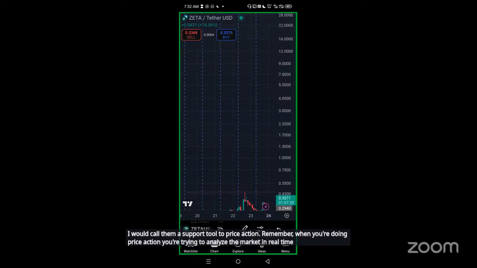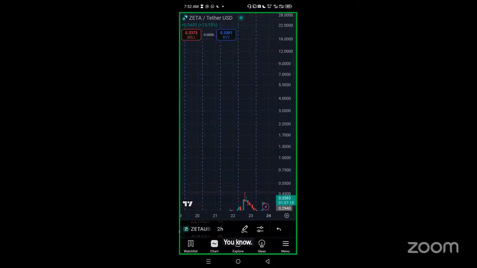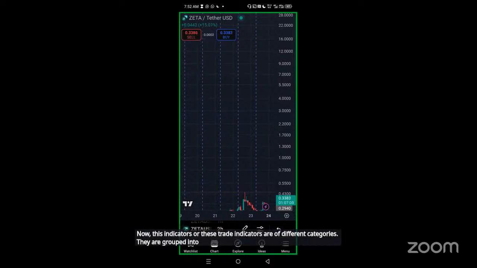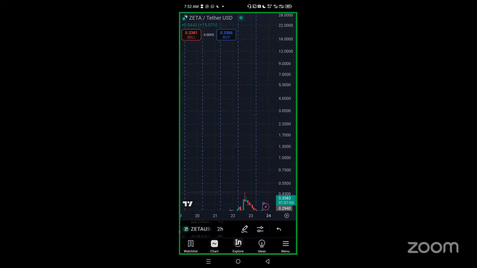When you add in these indicators, they're sort of like ingredients that help increase the level of confidence in whatever you would have done in real time. These trade indicators are grouped into different categories depending on what they help you do in the financial markets.